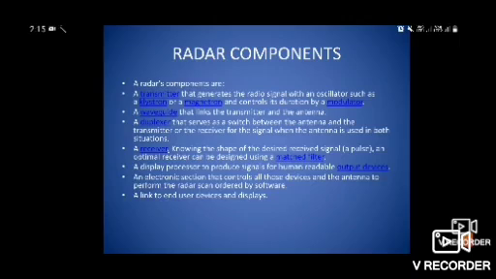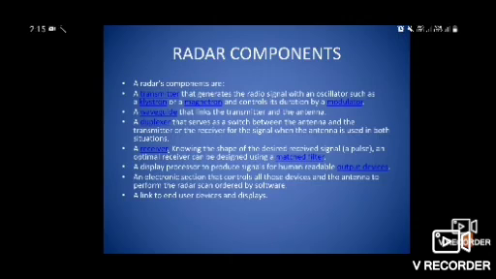As in our communication systems, where we have a transmission line, here we use a waveguide. The waveguide links the transmitter and the antenna. Along with the waveguide, we use a duplexer.